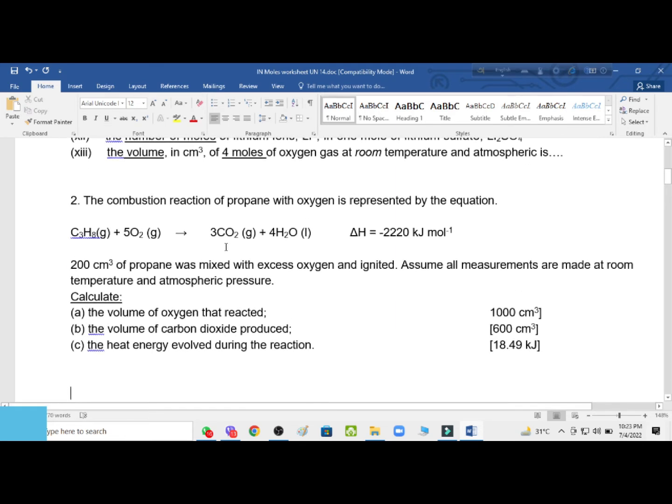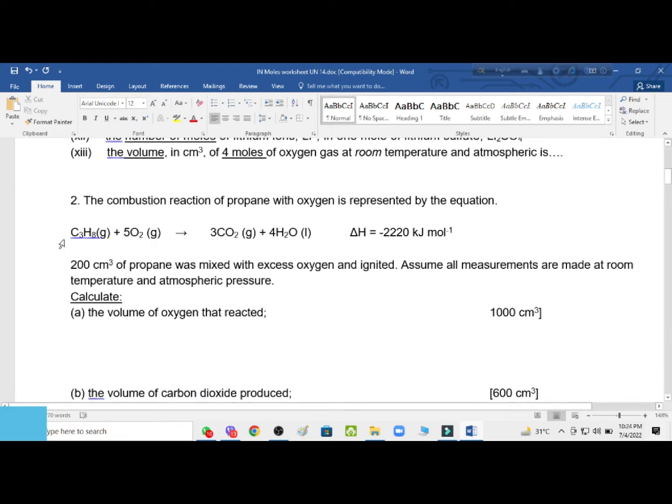Now look at the question. 200 cm cube is the volume of the gas, propane. 200 cm cube of propane was mixed with excess oxygen and ignited. Assume all measurements are made at room temperature and atmospheric pressure. Calculate the volume of oxygen that reacted.